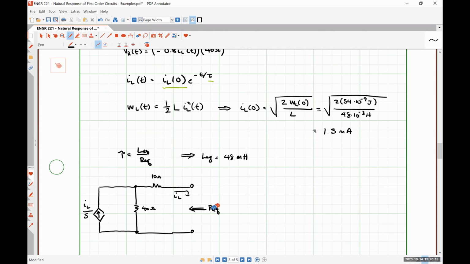So my question then is, obviously there are no dependent or independent sources in here, so we're going to have to use a test source method, right? So what kind of test source should I use?